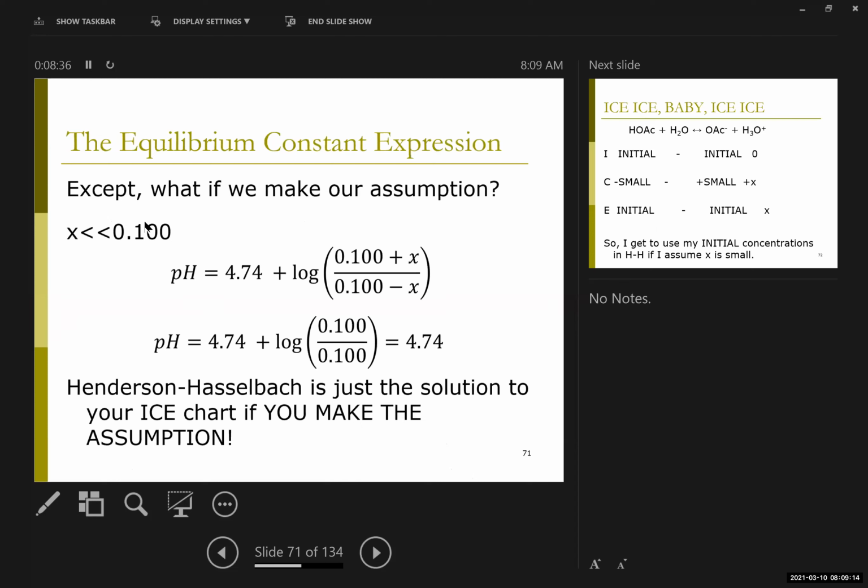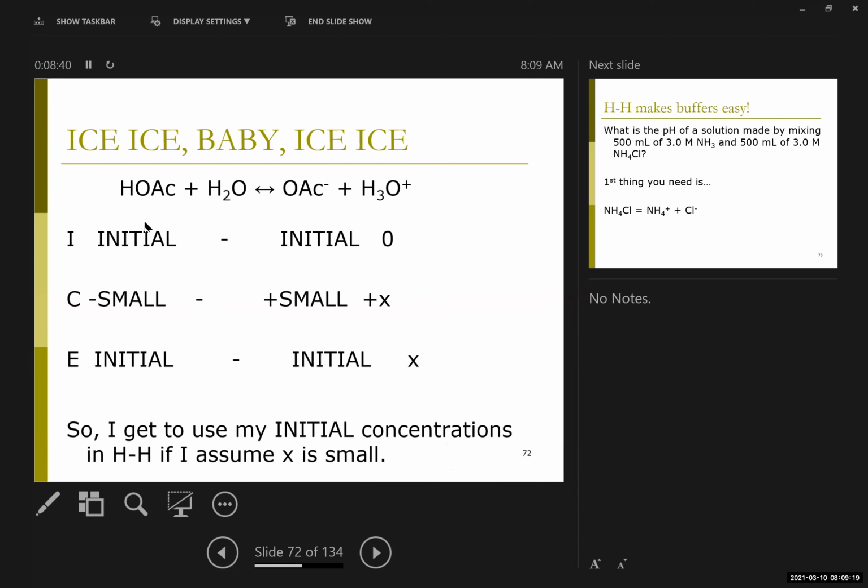So if you want to go with the same three steps, right? But it does short circuit the process if I recognize that I have a buffer. Then I really don't even need the ICE chart, though it pains me to say it.